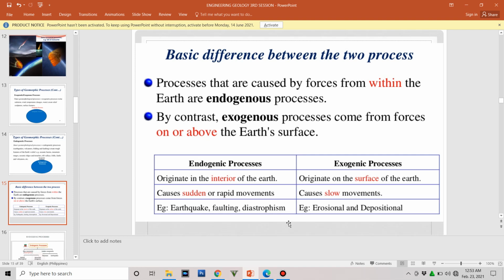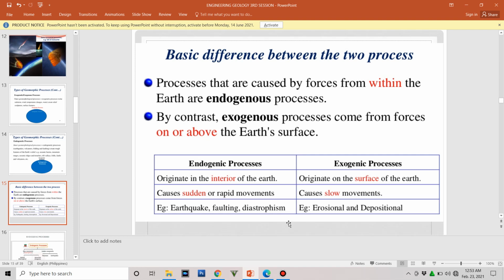So the basic difference between the two processes: those caused by forces from within the Earth are endogenous processes. By contrast, exogenous processes come from forces on or above the Earth's surface. So, endo, inner, exo, outer. Okay?